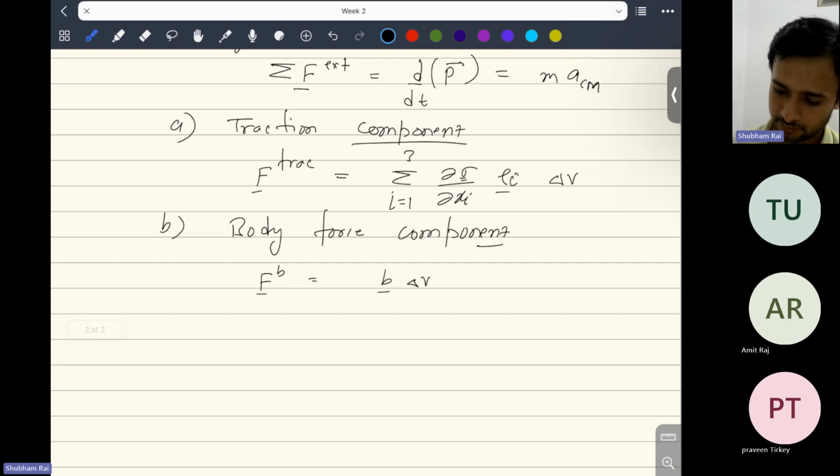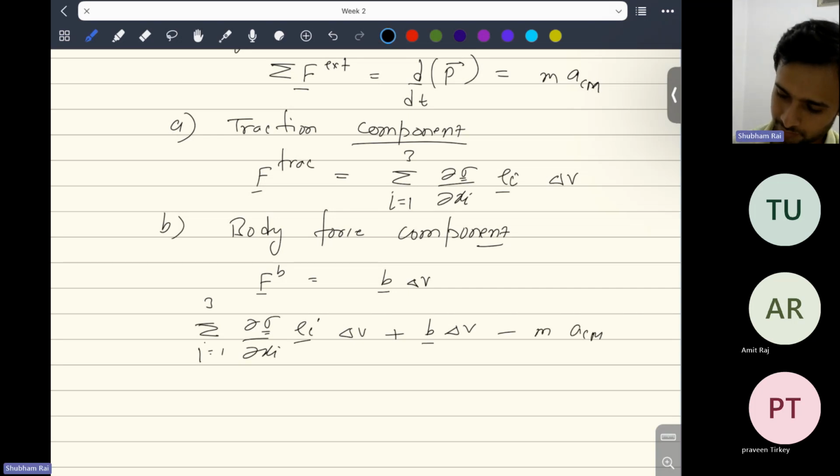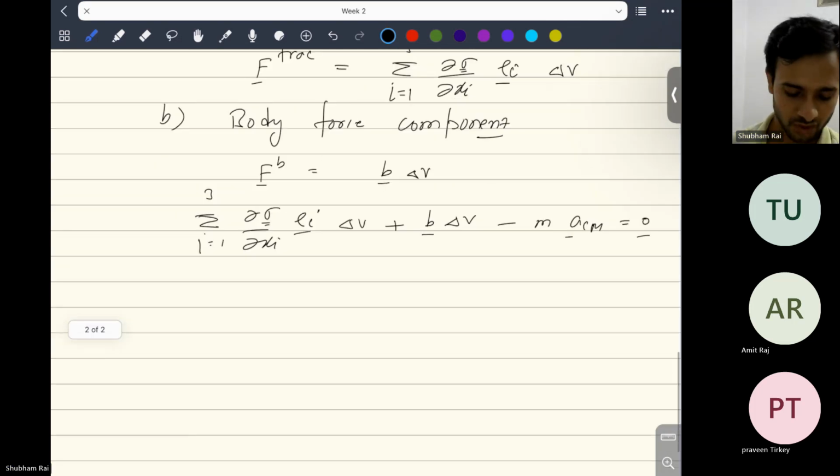Let me just write. You will get the sum over i equals 1 to 3 of del sigma by del xi times ei delta V plus b delta V minus M times A, right? And A is also obviously a vector. So that should be equal to the 0 vector, the null vector.